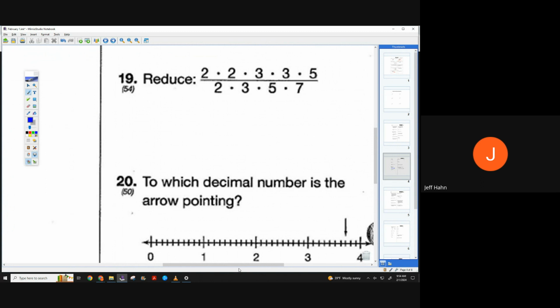So if you see a 2 on the top and a 2 on the bottom, they will cross off, 1 for 1. There's no other 2 on the bottom to cross off, so you can't cross that one off. But this 3 and that 3 can cross off. Again, there's not another 3 on the bottom, so this 5 and that 5 crosses off. If you're left with factors, you need to then remultiply them. So you end up with 2 times 3, which is 6/7.